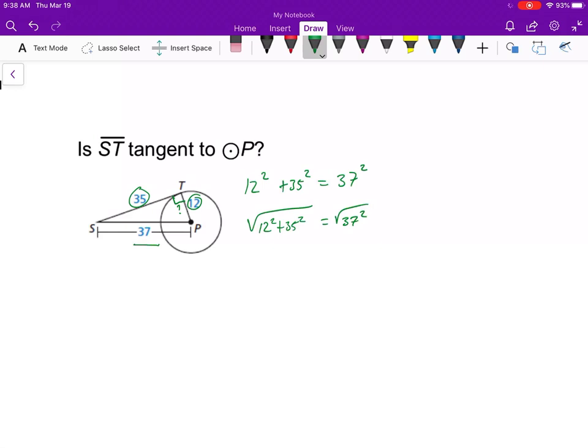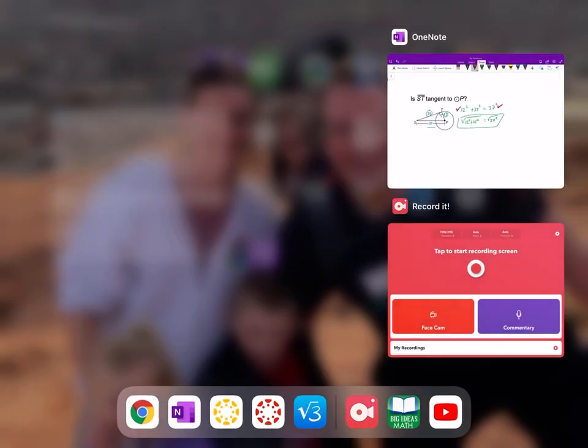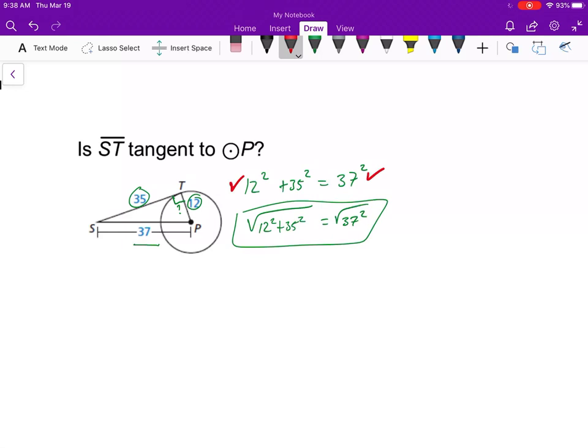And in fact, we don't even have to do this part. I jumped the gun on that. We can just prove if this and this are equivalent to each other, then we are golden. So I'm going to try to pull up the calculator here real quick. Well, I'll just use this one. So 12 squared is equal to 144 plus 35 squared is equal to 1225.